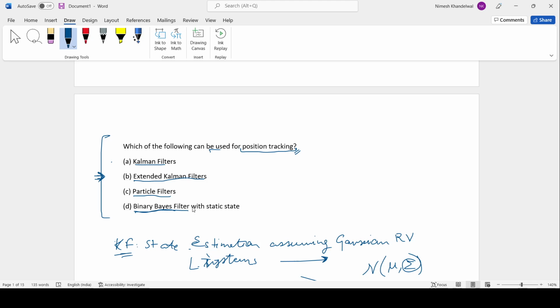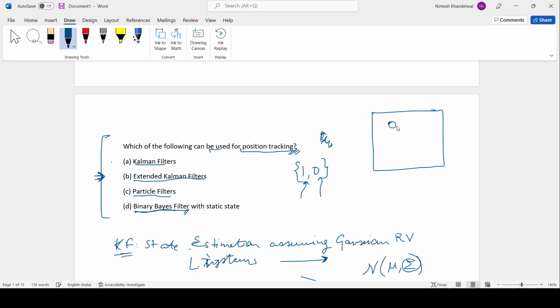I'm not very familiar with binary based filter. Okay, I think it was there in week 10 lectures as well. Essentially what binary based filter gives us is only a binary output. Let us say it will only tell us whether a door is open or closed. But for position tracking, we need a continuous variable, right? Let us say that this is a workspace of the robot.